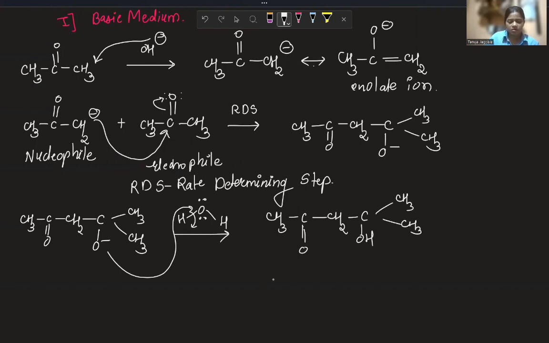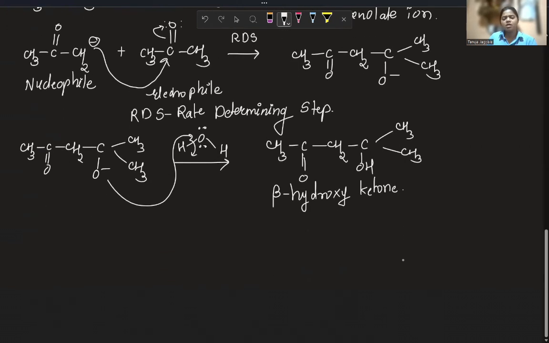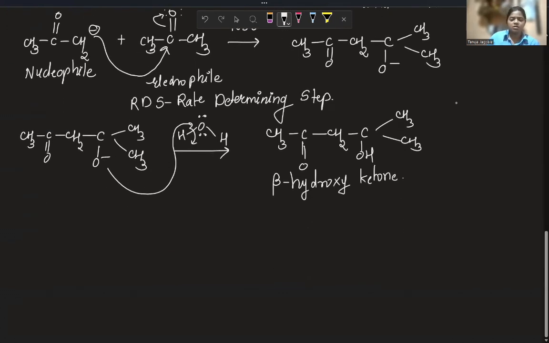So here we get our product as beta-hydroxyketone. This can further undergo dehydration to form alpha-beta unsaturated ketone. It will occur in the presence of base.